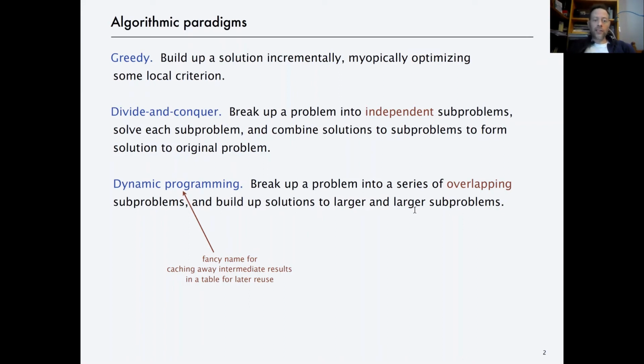So it's very closely related to divide and conquer, but here with the extra feature that we either store previously computed partial results, or where we could order these computations in such a way that we always only compute each thing once.